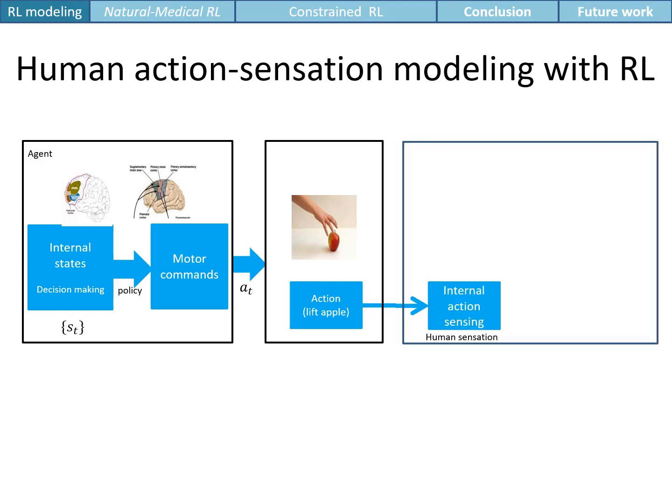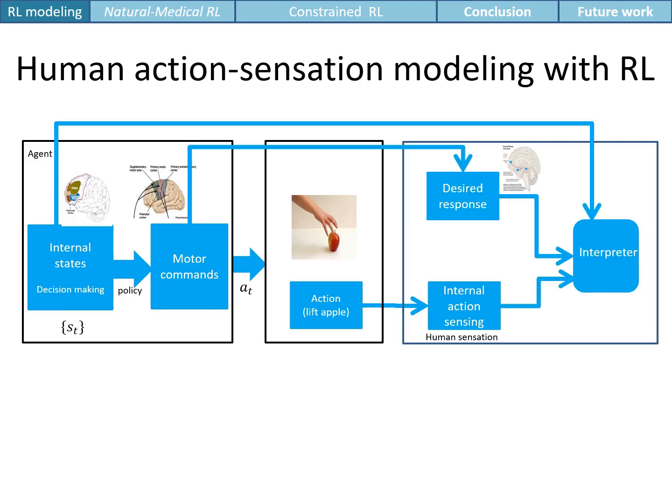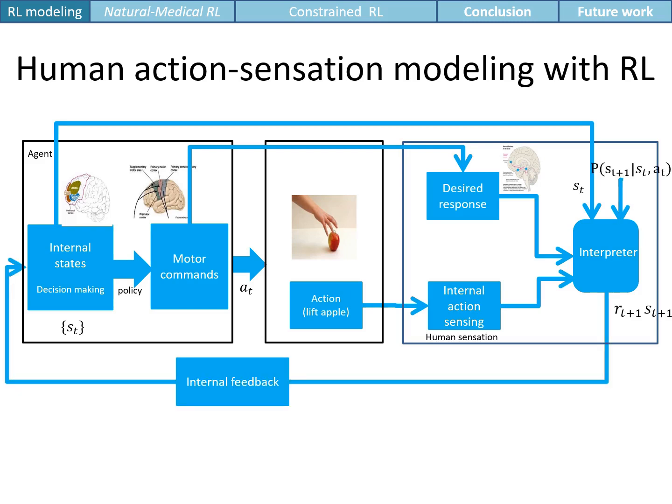In the interpretation, we estimate the instantaneous reward and the instantaneous state. We compare it to the desired response, and then we send the feedback for the evaluation of the next action.